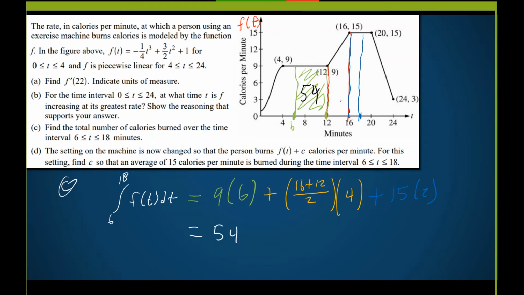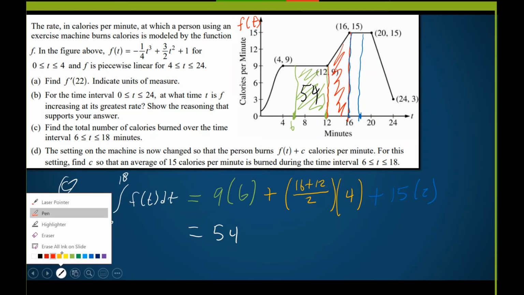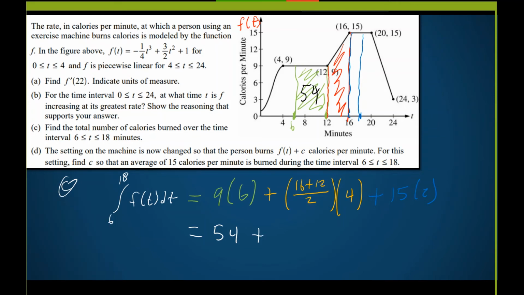Our second area in red is how much? 56. Okay, so I've got 28 times 4 over 2, 56. And our last one in blue is how much? 30. Okay, if I add all of that up, what am I left with?